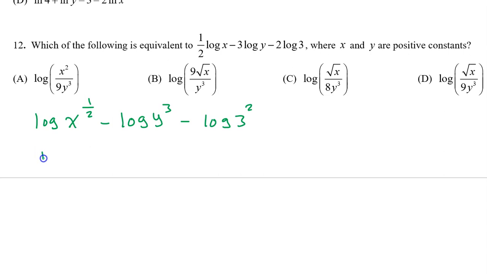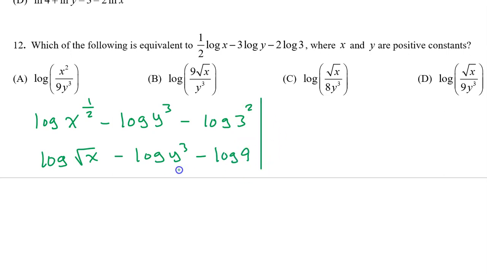X to the 1/2 power is the same thing as the square root of x. So we have that, and then I'm just going to bring down minus log y to the third power. And of course, 3 squared is 9. So this is minus log 9.